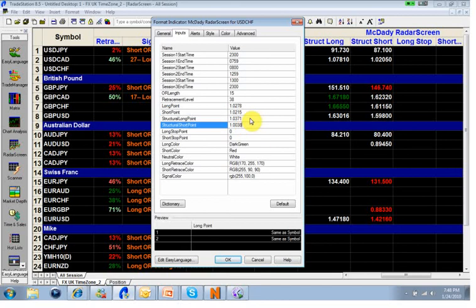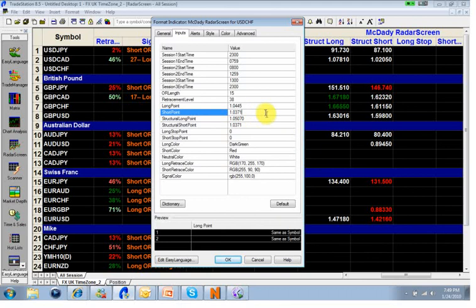Our structure long and our structure short is the same. And the structure long in this case is the 105 handle. So I'll make it exactly like it looks on the chart, the 105.07.